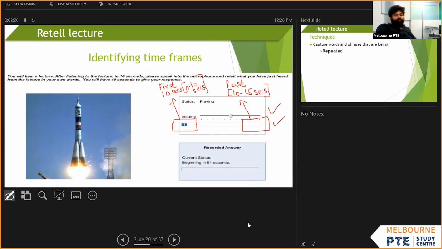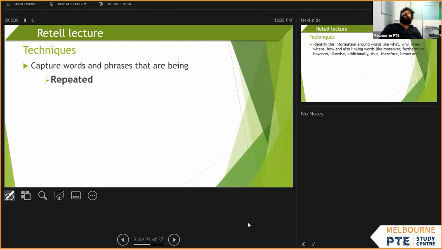Now, the next technique is quite simple and should be self-explanatory. Capture words and phrases that are being repeated. Any words or phrases that are said more than once in your audio, capture them right away.